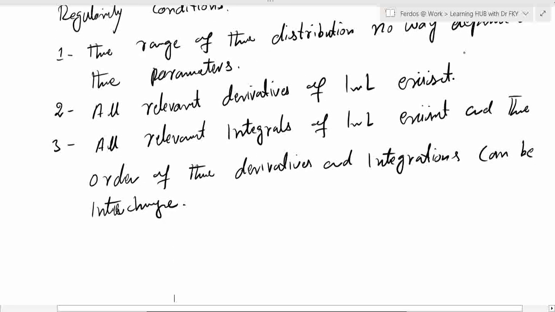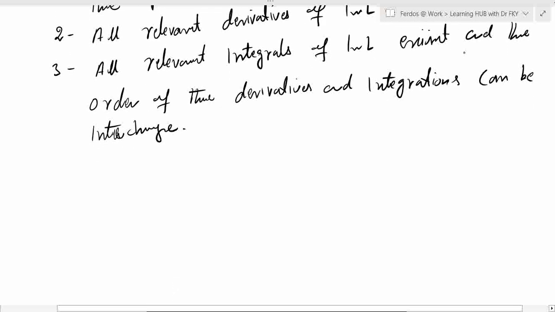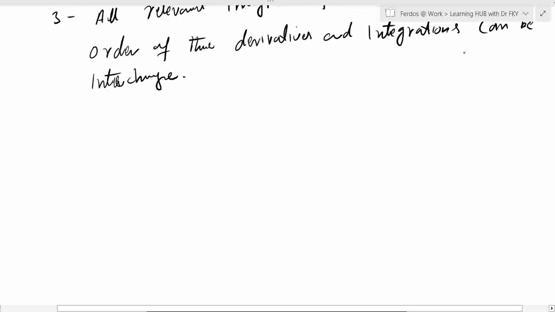For a non-regular distribution there is a different way to find the MLE. I will do that sometime later, but now we are moving toward finding the lower bound of the variance.